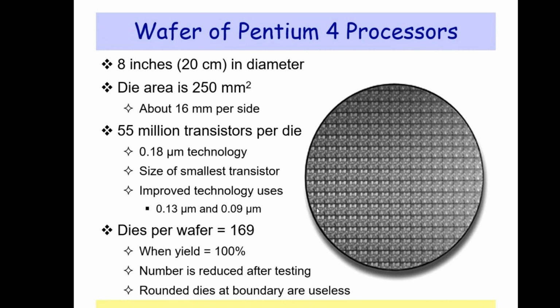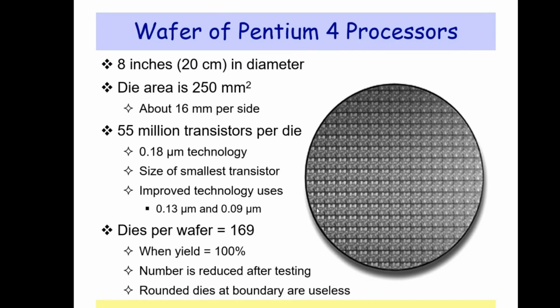Dies per wafer: as per this die area, for an 8 inch wafer you have got 169 dies. When yield is 100%, that means all 169 dies are tested, and they're good ICs or good dies, then you are getting 100% yield.